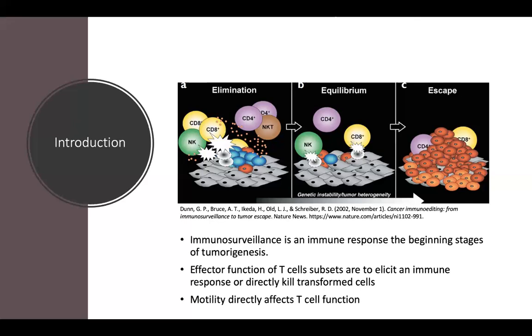The CD8 positive and the natural killer T cells directly interact and directly work to kill off these cells that are transforming. The CD4 positive cells release cytokines that elicit an immune response. And so this specific image directly models immunosurveillance.